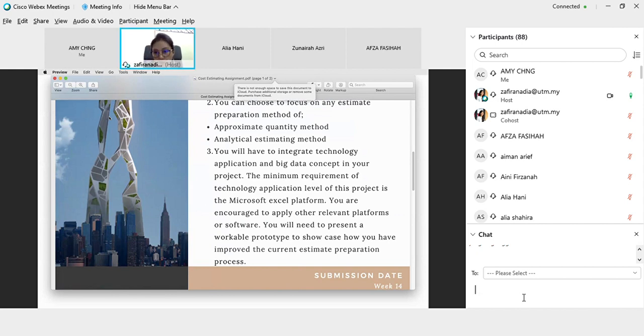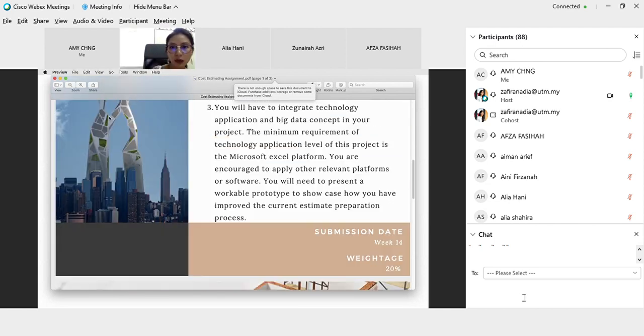You can suggest that to me. Okay, minimum Microsoft Excel. So let's say the technology application portion is 10 marks, say 10%, whoever uses Microsoft Excel gets only 5. Whoever uses something other than Microsoft will get more.